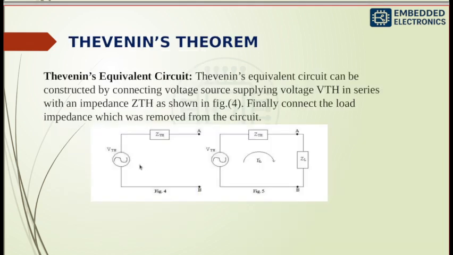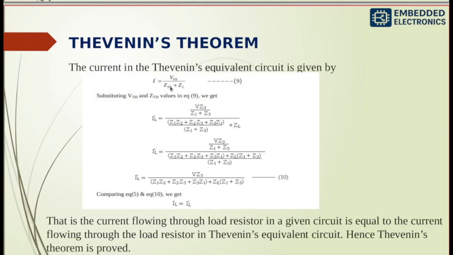Next, to draw the equivalent circuit, we got VTH and ZTH. So it can be constructed by connecting a voltage source, that is VTH, in series with an impedance ZTH. Finally connect the load impedance which was removed from the circuit. Next we need to find the current in the equivalent circuit.